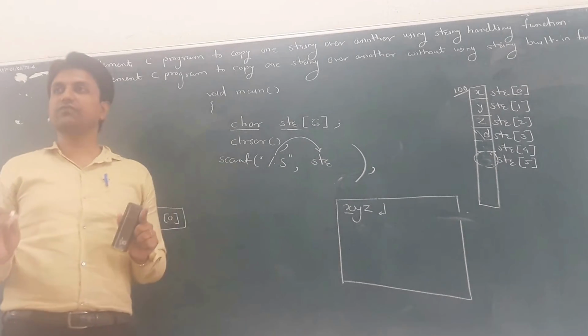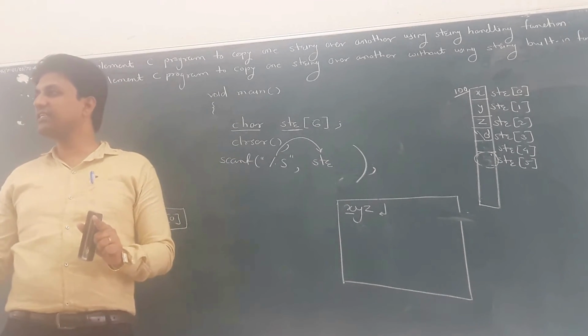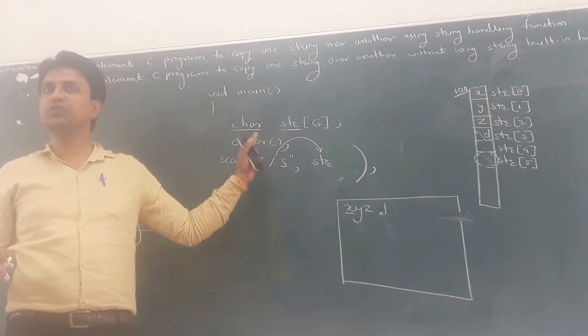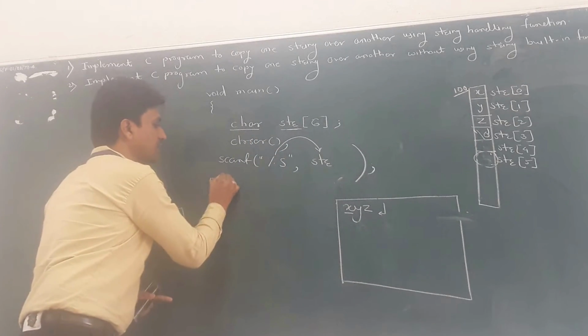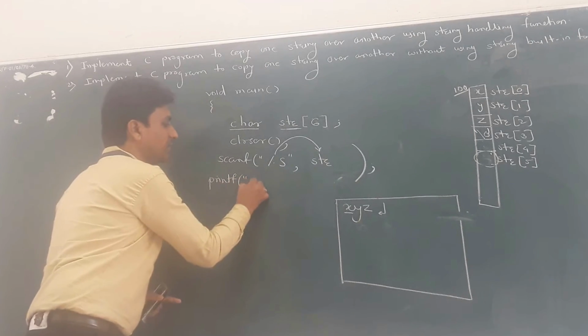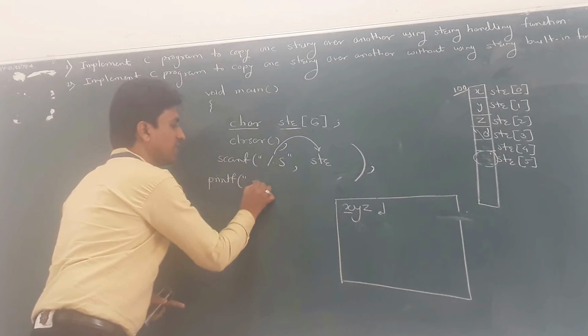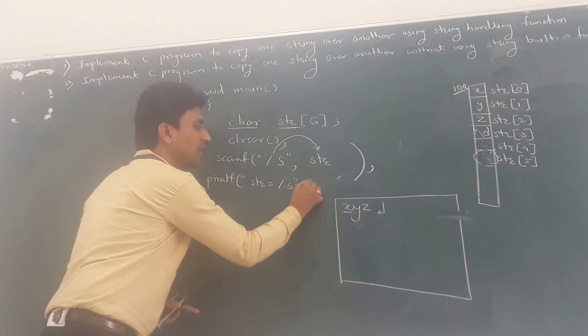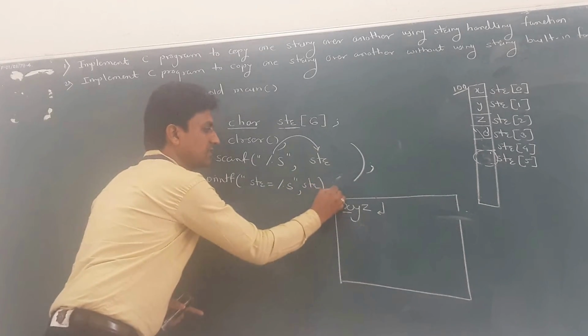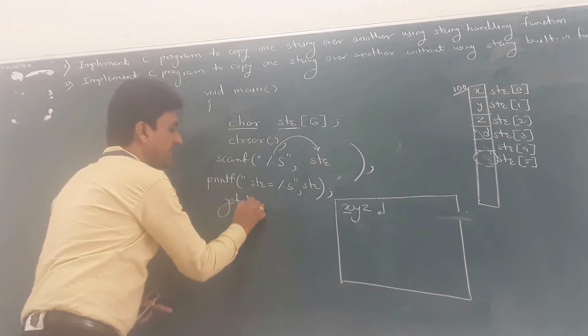Understood? The first way is to initialize the string at compile time. The second way is to initialize the string at runtime and print it using printf, "string str is equal to %s", comma, str, semicolon, and then getch.